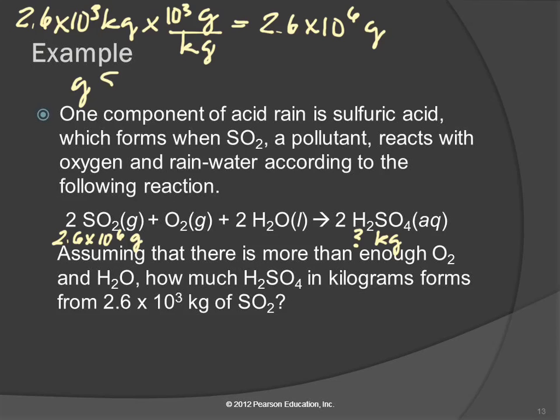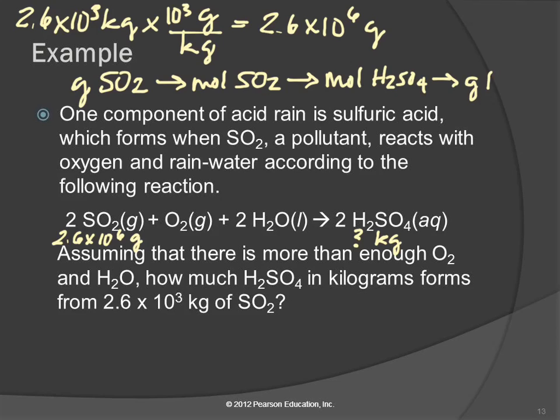Grams of SO2 to moles of SO2 to moles of sulfuric acid, H2SO4, to grams of sulfuric acid. That's our path. So then we're going to translate that into one big old equation.